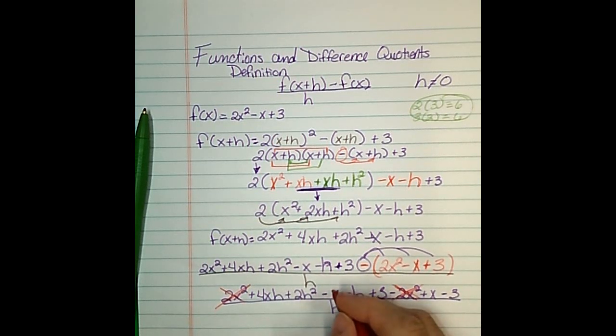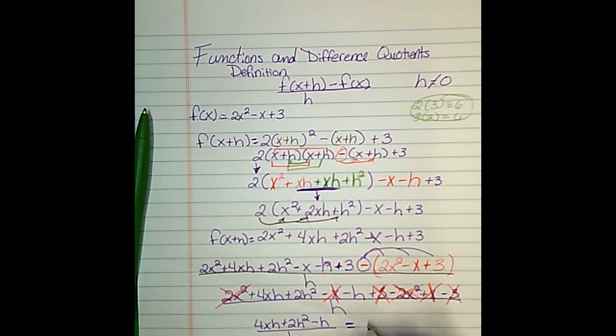Oh, I do have an x here to the first power, and it's a negative and a positive one, so they go to 0. I have a positive 3 and a negative 3, so they go to 0. And now I'm left with 4xh plus 2h squared minus h, all divided by h.